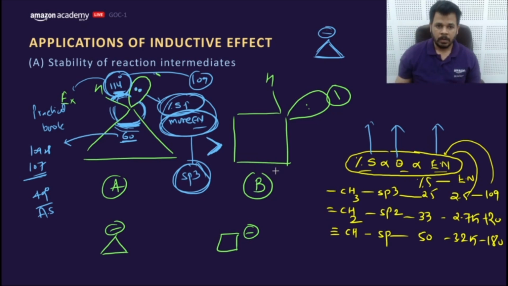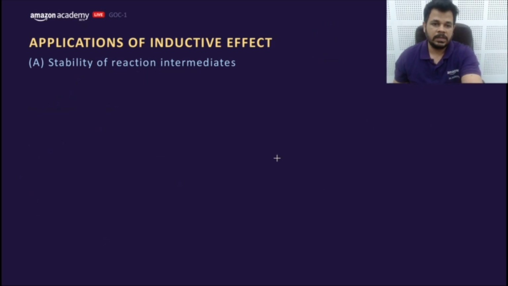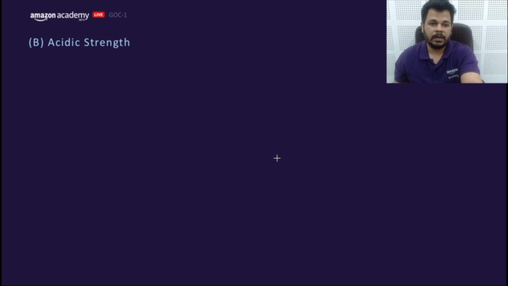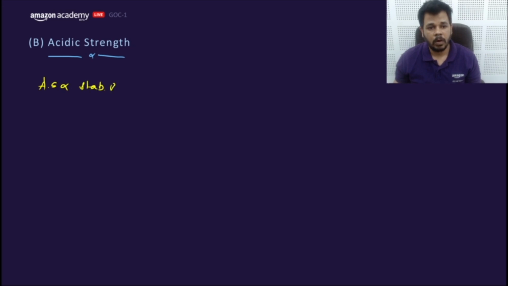Okay, so this is stability of intermediate. Let's move to the next application of inductive effect, that is acidic strength. What is acidic strength? How will you compare through inductive effect? Acidic strength is directly proportional to the stability of conjugate base, which is generally negatively charged.